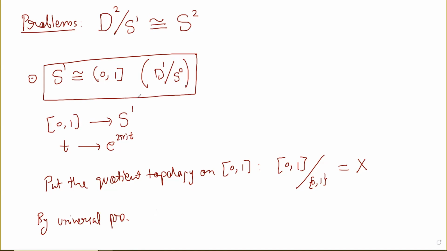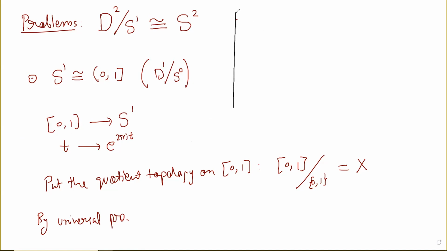For that, we define this map from the closed interval [0,1] to S1, and then you put the quotient topology on [0,1]. Mahima, can you state the universal property? I think that will make things clear because we are going to use it later.